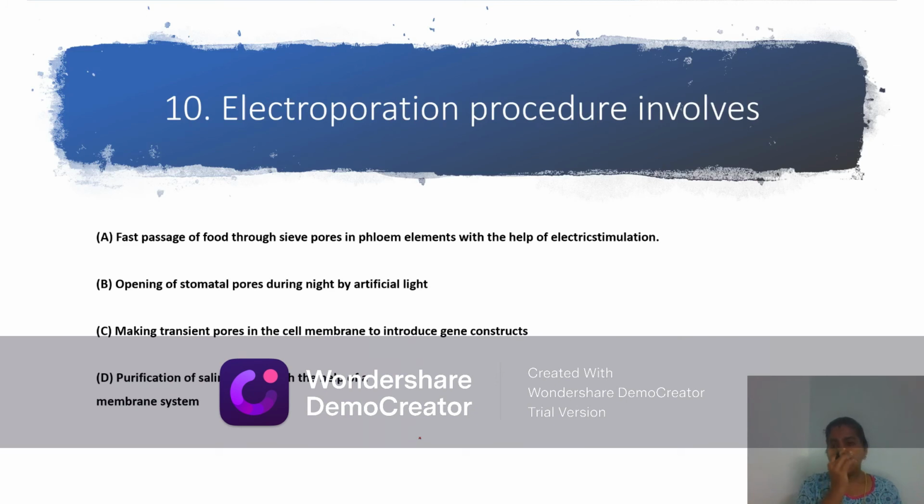Number 10. Electroporation procedure involves what? Electroporation is also one of the transformation methods. So in that method, what is involved? First one, fast passage of food through sieve pores in phloem elements with the help of electric stimulation.